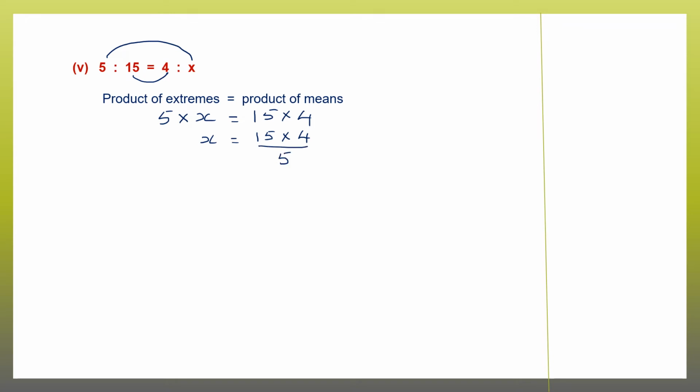Now I can cancel 5 and 15. 5 ones are 5 and 5 threes are 15. Multiply the numerators. 3 fours are 12 by 1, which is 12. So the value of x here is 12. This is my answer.